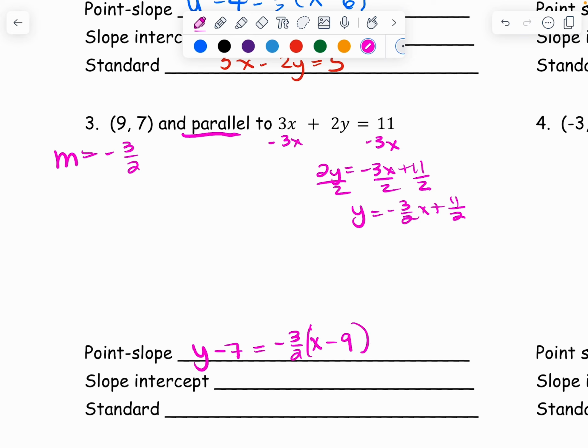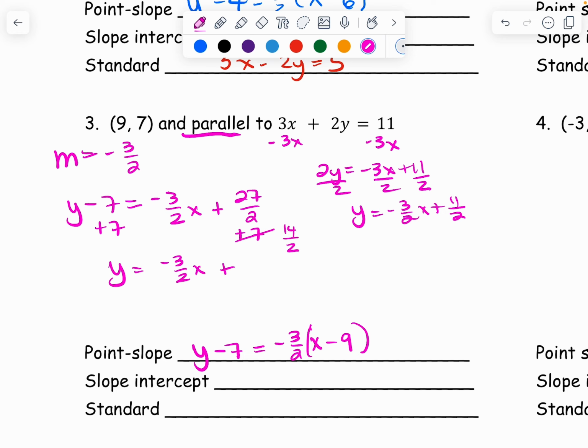minus 9. So then I have y minus 7 equals negative 3 over 2x plus, what is that going to be, 27 over 2. That's not real nice. So I add 7 to both sides. I get y equals negative 3 over 2x plus 7 over 2, which is the same thing as 14 over 2. So that would get me 41 over 2.